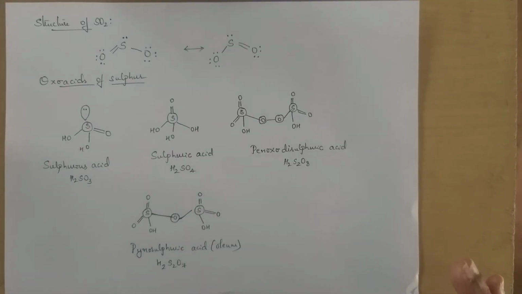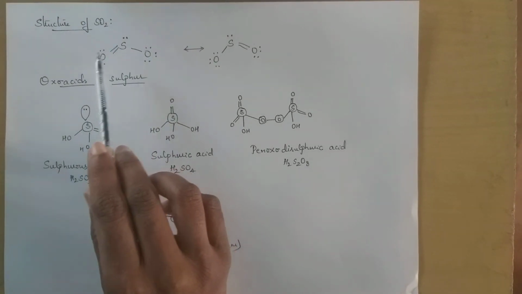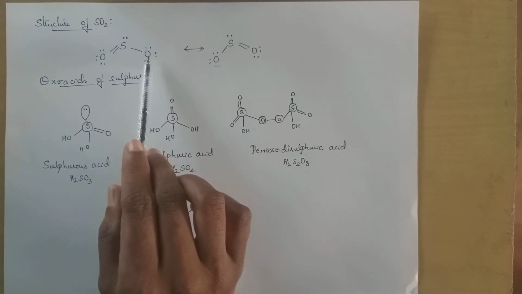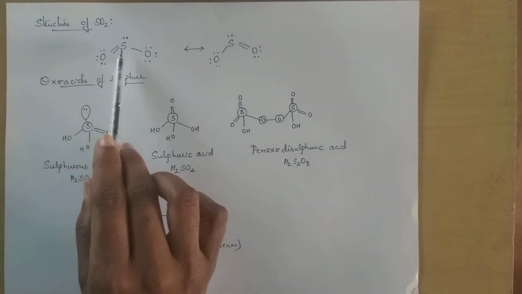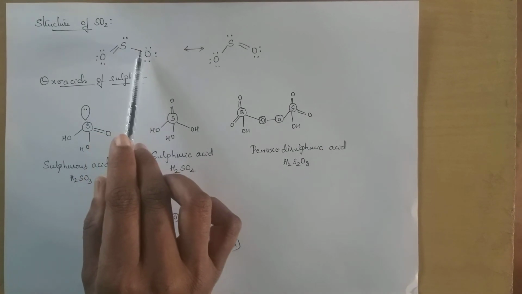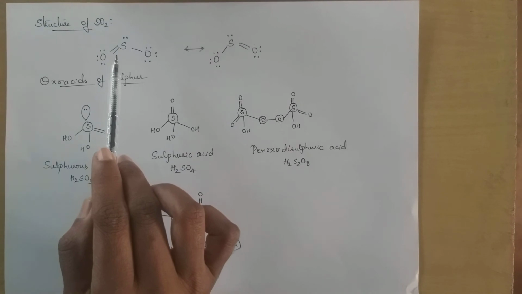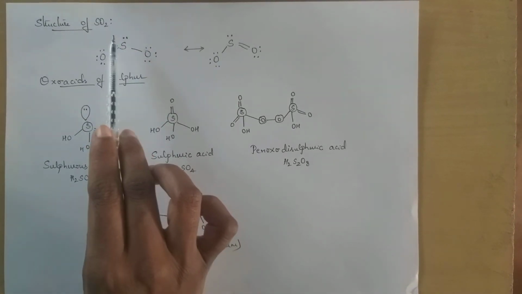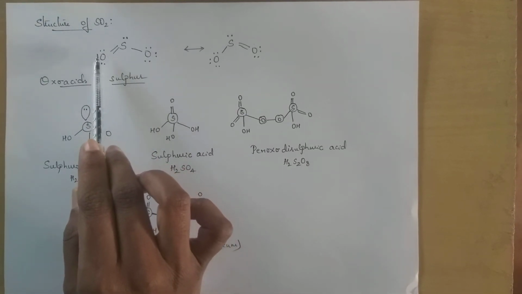So next we have structure of sulfur dioxide. As we already know, here we have one sulfur atom and two oxygen atoms. So S double bond O, S single bond O. Okay? So here we have two canonical forms or resonance structures. Sulfur has 1 2 3 4 5 6 electrons. Octet configuration, like you studied in first PU, Lewis symbol and Lewis dot structure. Similarly sulfur here has 1 2 3 4 5 6, so 7 8 completes the octet. Then oxygen here we have 4 5 6 7 8.